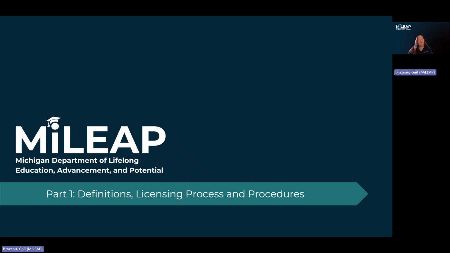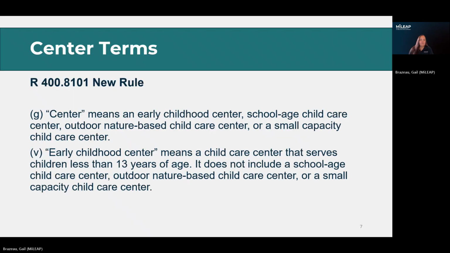So let's move into Part 1 and look at definitions, the licensing process, and procedures. Rule 8101, which covers definitions, subrule G, is center. You'll note that we've always used the word center in previous rules and in our law.